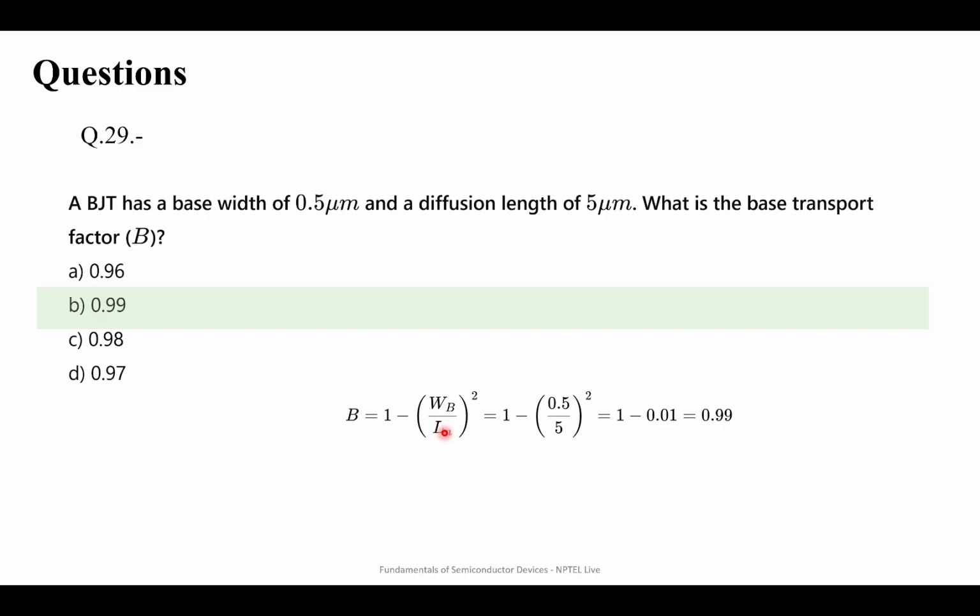So in your question, you are given Dn and tau. Using Dn and tau, you can calculate your Ln and then you can use this formula to calculate your base transport factor.